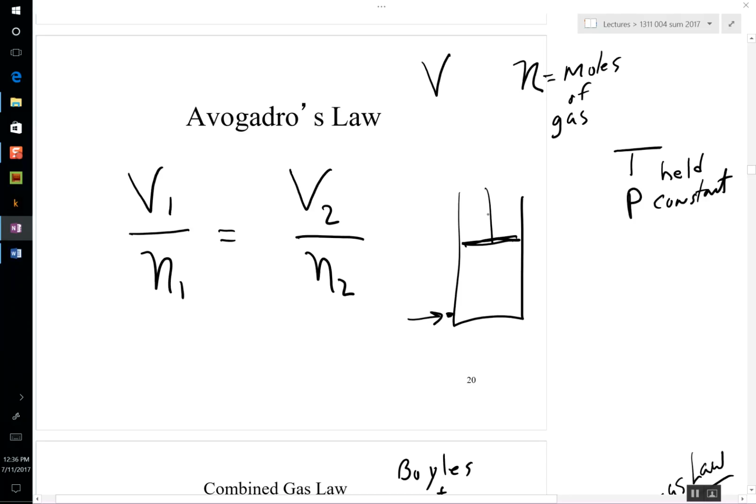Pressure is going to stay constant. We're going to start out with an initial volume with an initial amount of gas. We're going to put in 2 times that amount of gas, and we're going to get 2 times the initial volume. You double the moles, you double the volume.